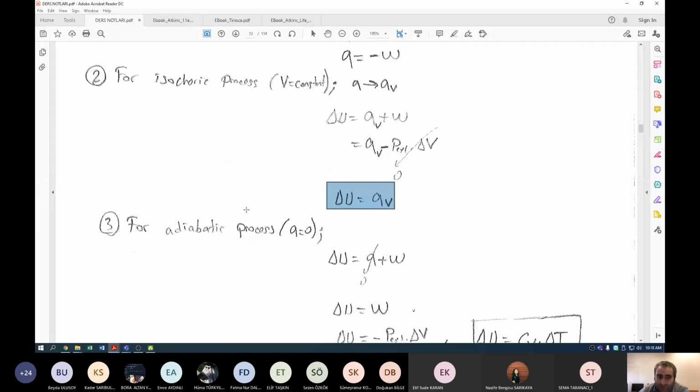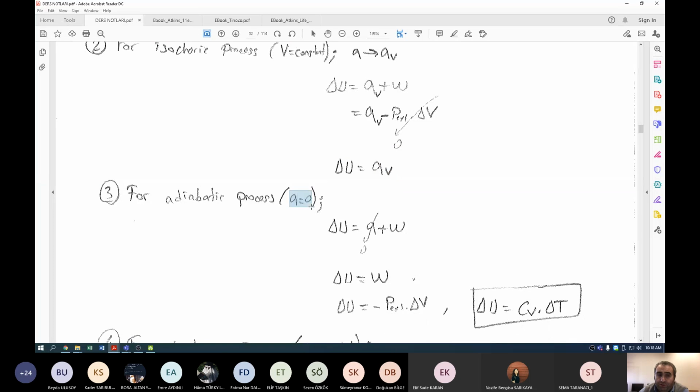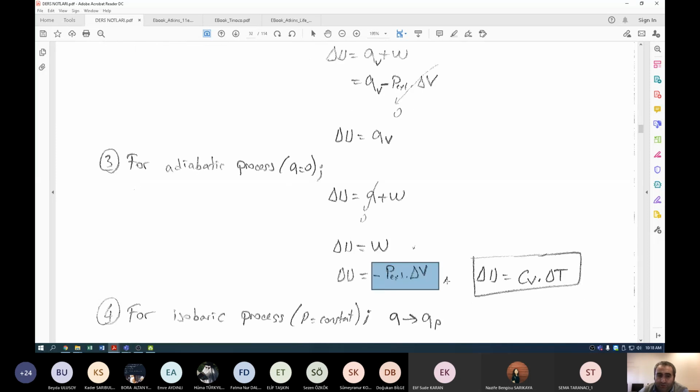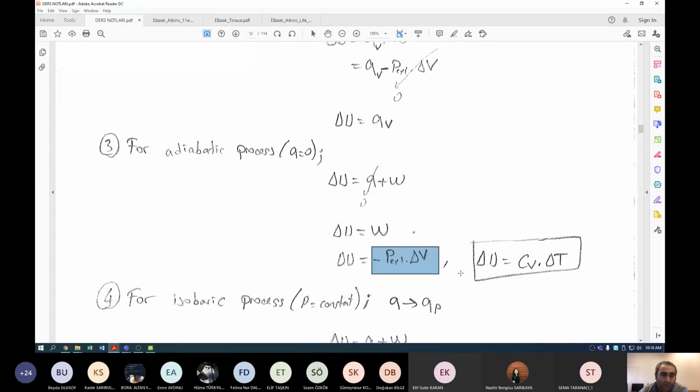For an adiabatic process, in which Q is 0, delta U becomes W, which is minus PdV. And we know that delta U is CV times dT, so CV times dT becomes minus P delta V. Okay.